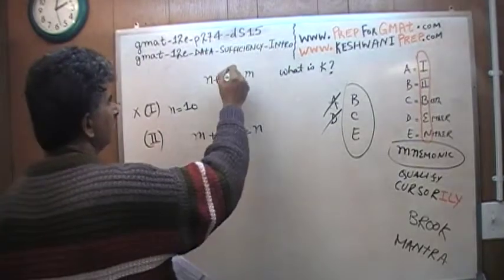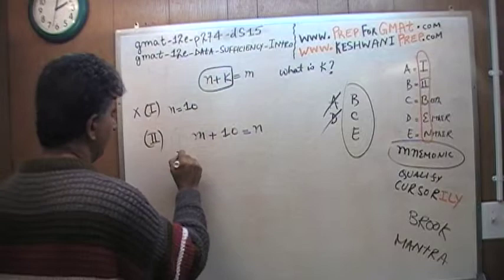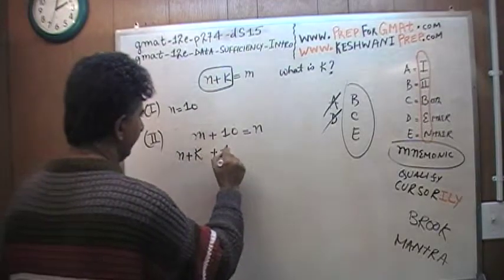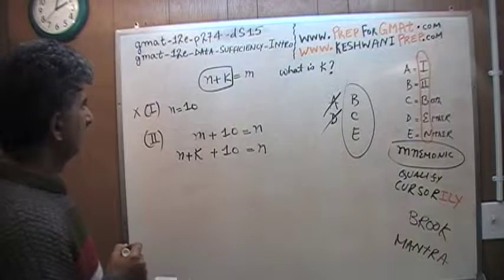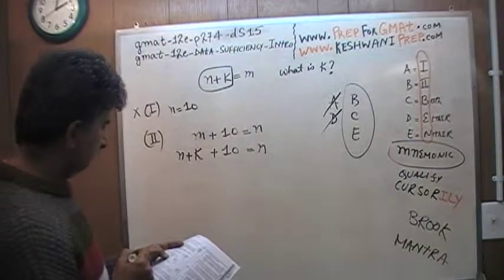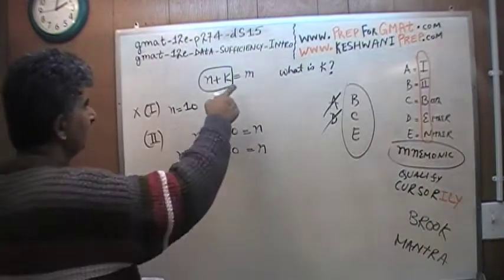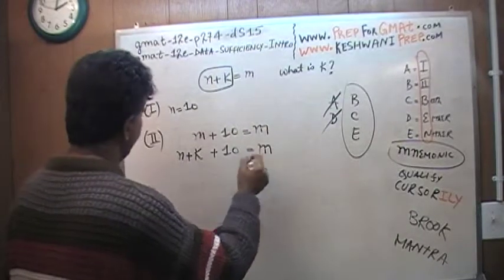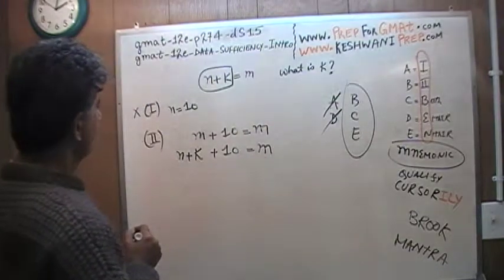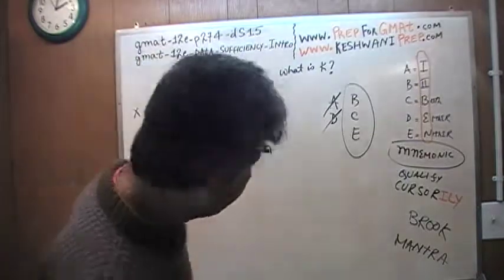We are told that m equals n plus k, so I'm going to put it in here. No, that's n. That was n.